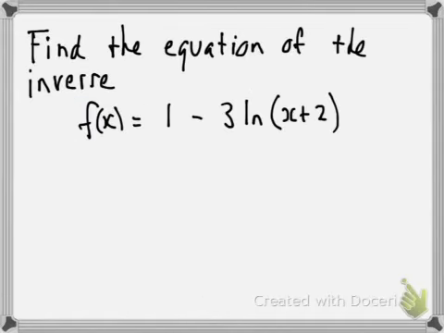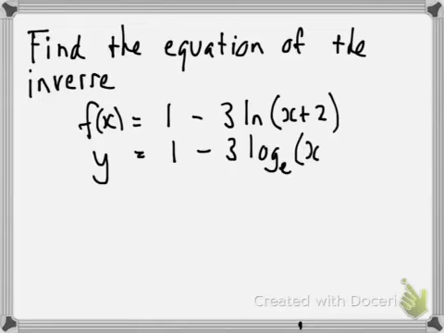One more example. Find the equation of the inverse of f of x equals 1 minus 3 ln of x plus 2. Alright, so once again I'm going to do a couple of things here. Change that to a y. And because I like dealing with log base e, the same as ln, I'm going to change it to that form.